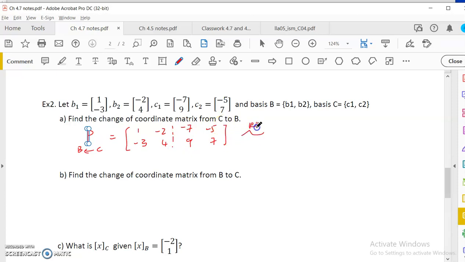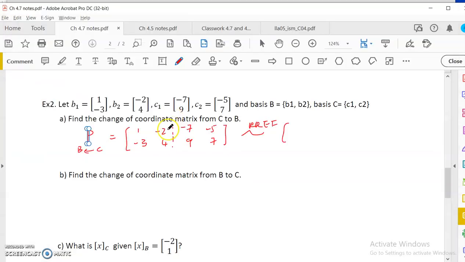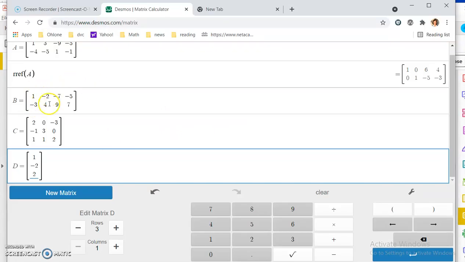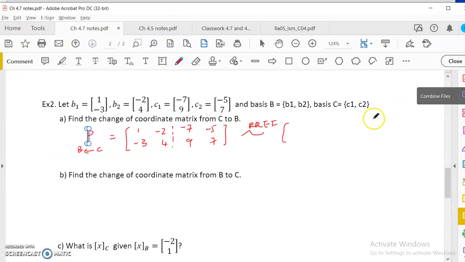And then I do an RREF to change the first into I. If I do reduced row echelon, it's 1, 0, 0, 1, 5, 6, 3, 4. So the actual one is 5, 6, 3, 4.